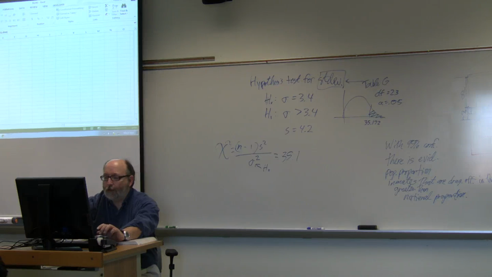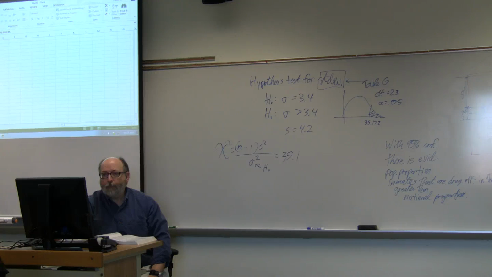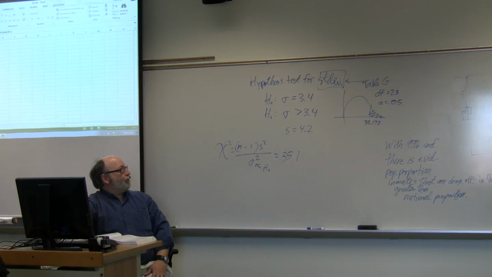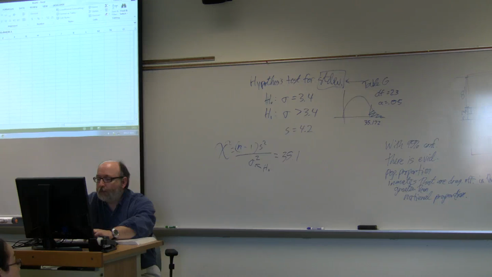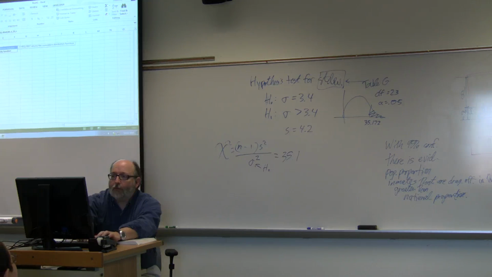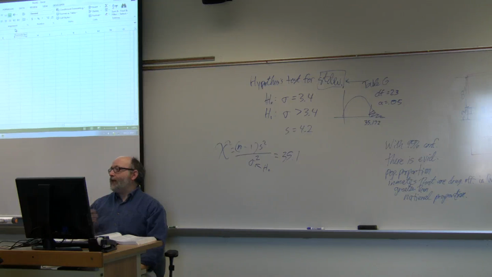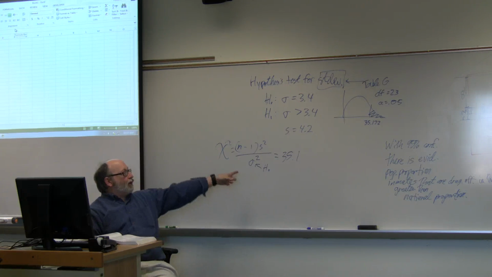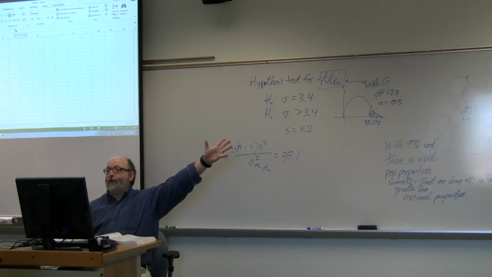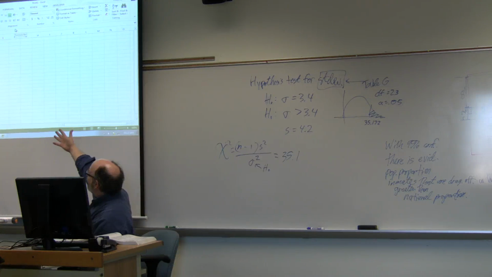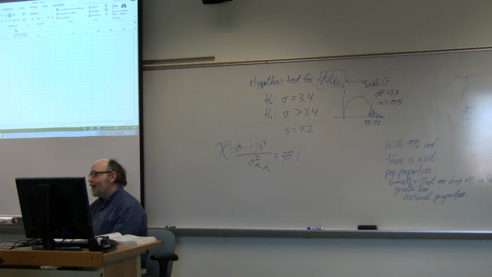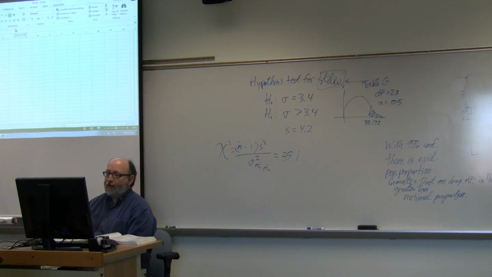So I've got 35.1, degrees of freedom 23, and true. If I go to 35.1, how much of a tail do I have out there? 0.0508. That's awful close to 0.05. Not worth arguing.